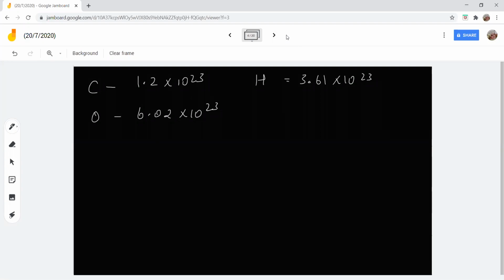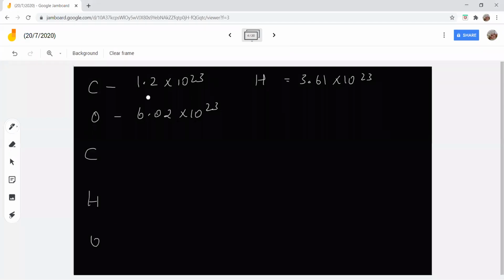1:3:6. Pranav is giving the answer, but I think that is not the answer. Let's see. Wait, Pranav. Okay, so we have carbon, hydrogen, oxygen.